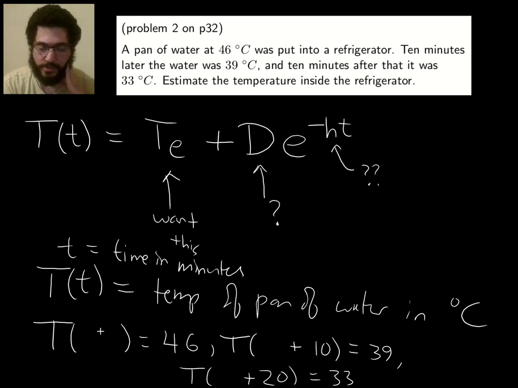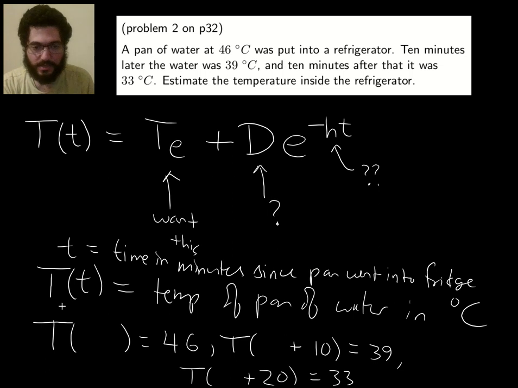And so why not just choose the reference point so that this is 0? So we'll make it time since the pan was initially put into the fridge. So t will be time in minutes since the pan went into the fridge. That's what little t will be. So then big T of little t is the temperature in degrees Celsius at the time given in minutes since the pan went into the fridge.